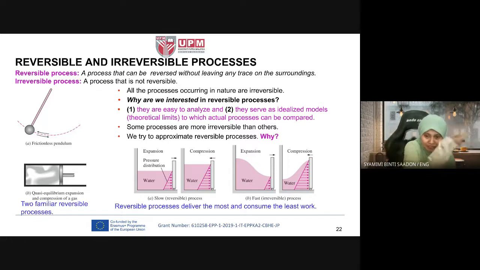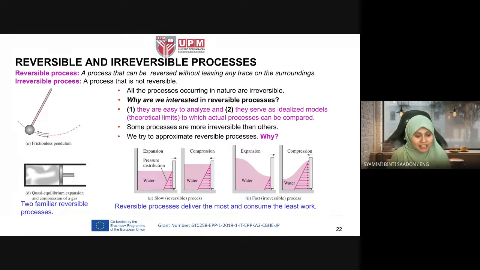The pendulum can return back to its initial point. But normally there is some friction from the air that slows down the movement of the pendulum. So in reality it is not totally reversible, but if we assume it's frictionless, the pendulum can return to its initial position.